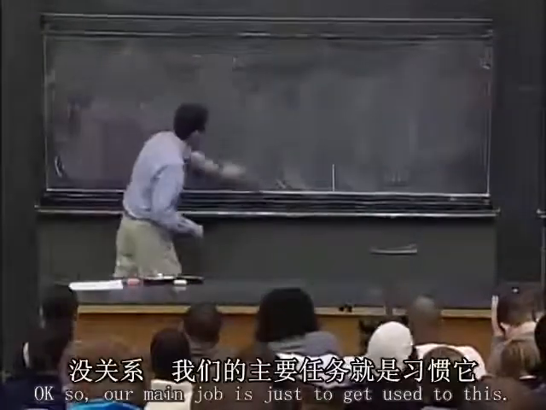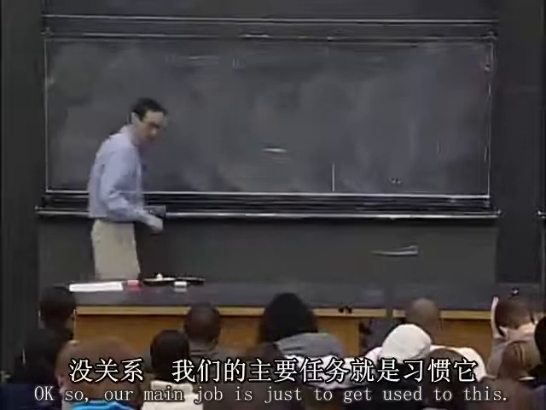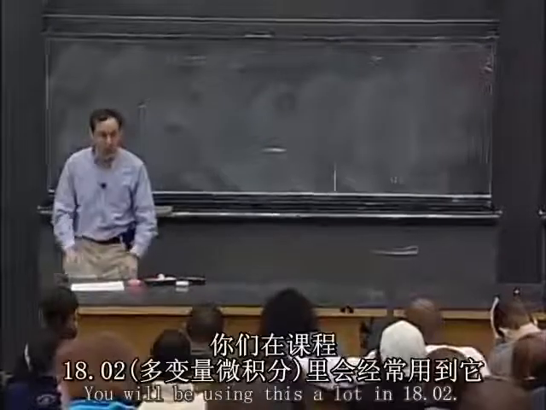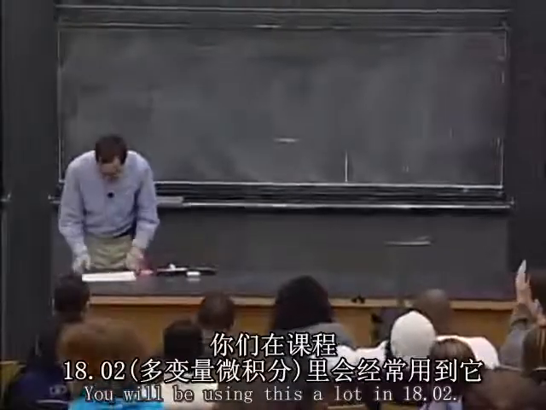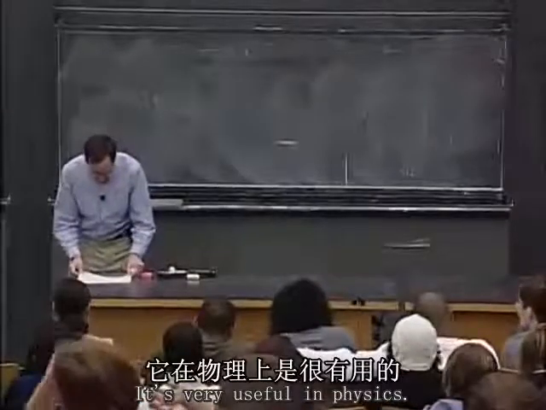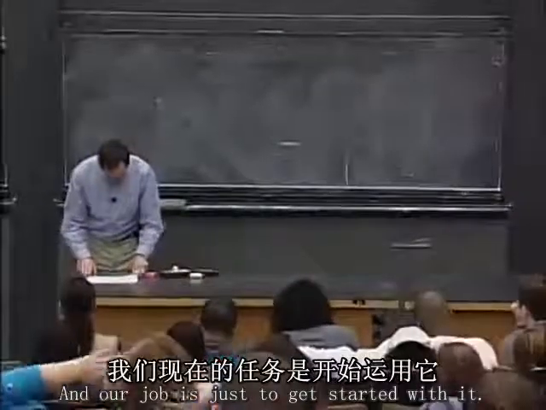Okay, so our main job is just to get used to this for now. You will be using this a lot in 18.02. It's very useful in physics. And our job is just to get started with it.